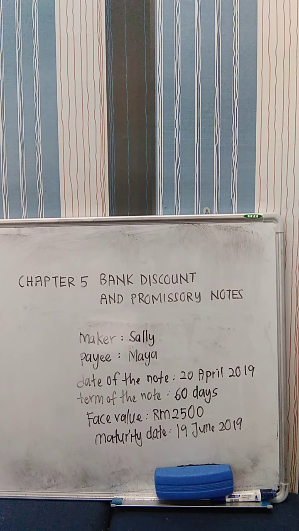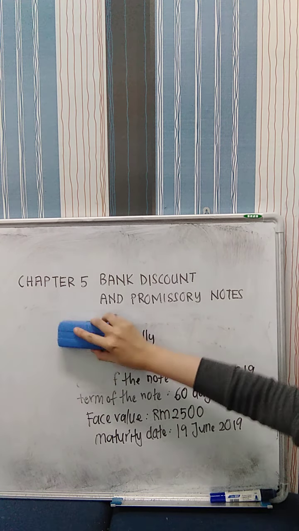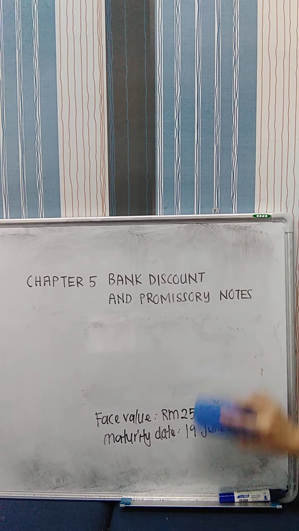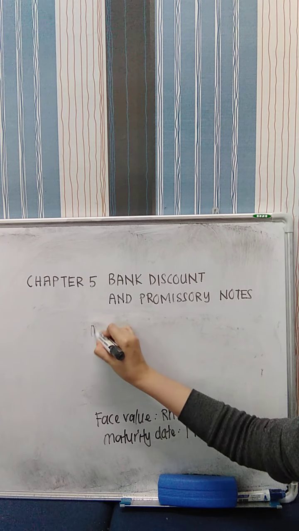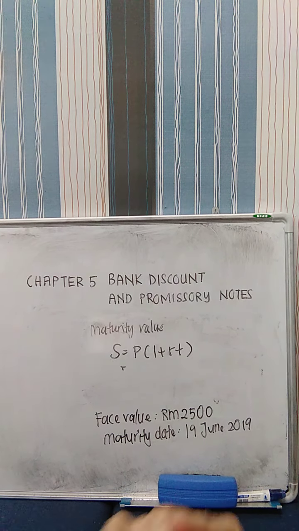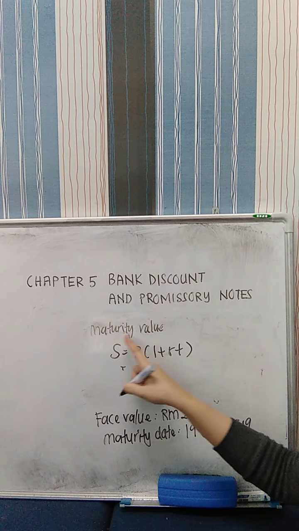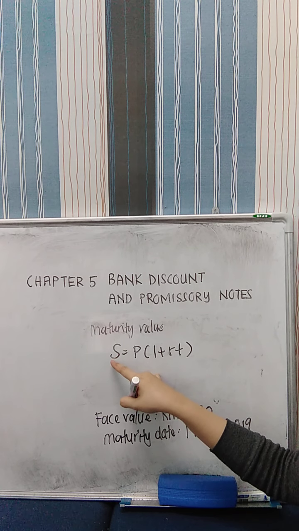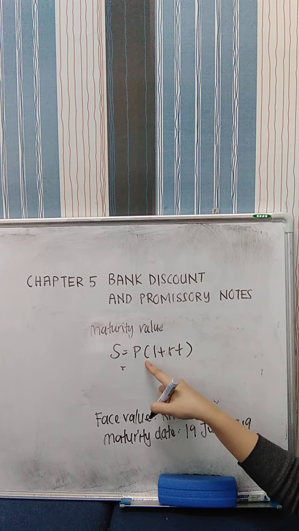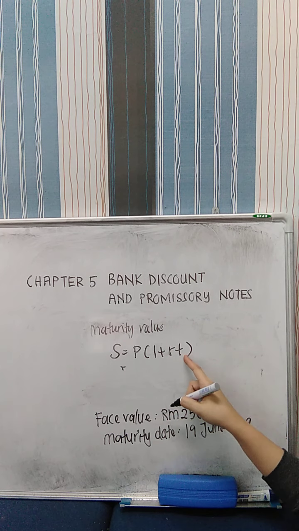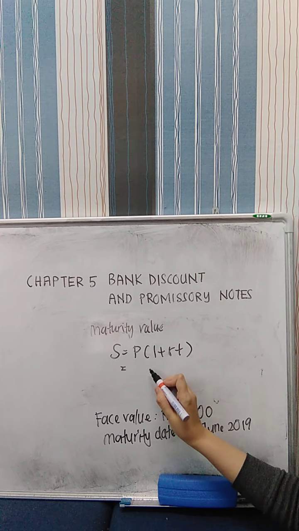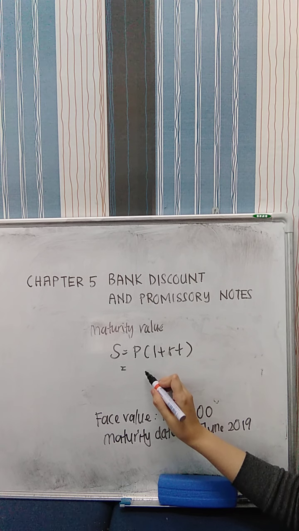And the last one is maturity value. For maturity value, we use the formula S = P(1 + RT). Sally borrows 2,500 from Maya.